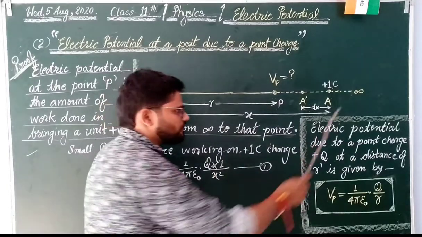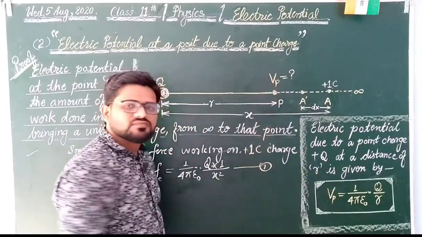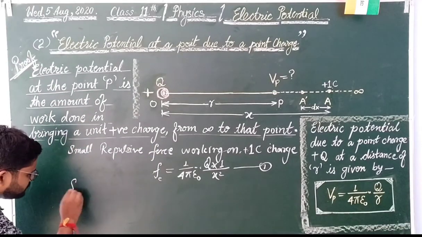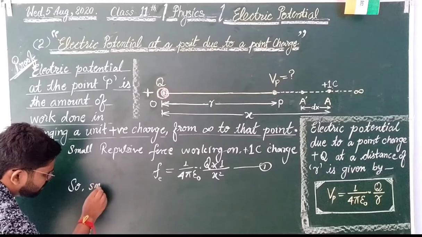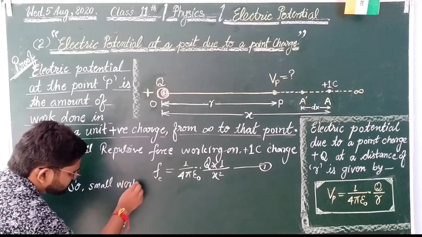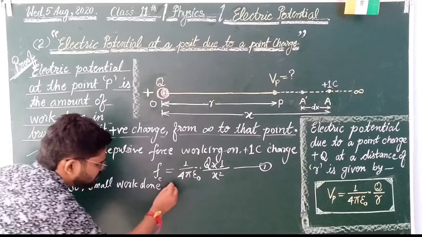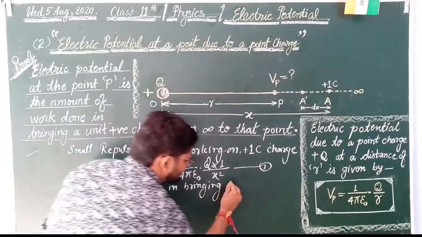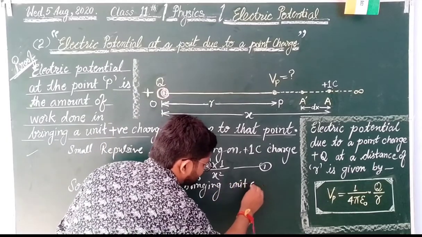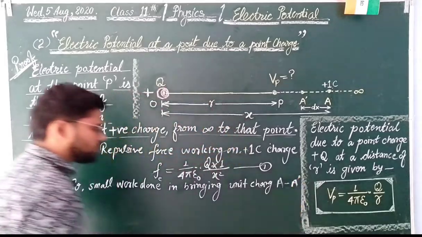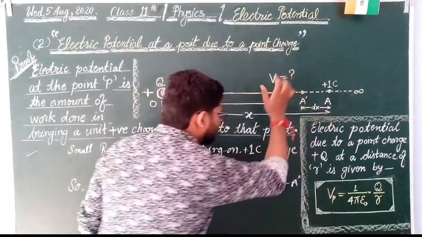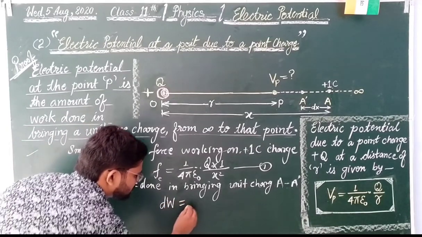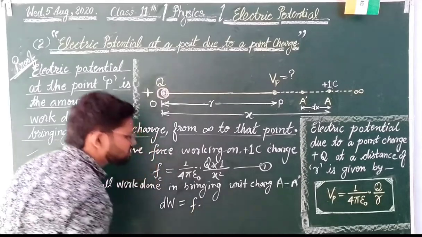We will integrate it from infinity to point R. So just now find out the small work done in bringing unit charge from point A to A dash, that is a very small distance dx, that is dW. Small work is dW. So dW equals force applied into displacement.